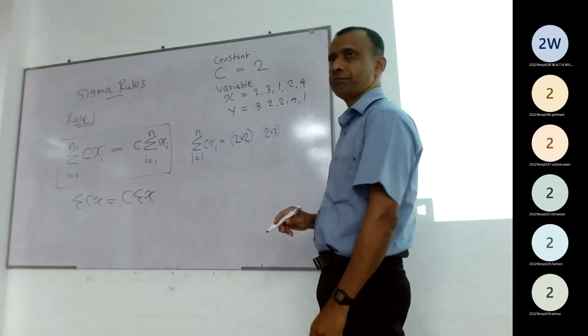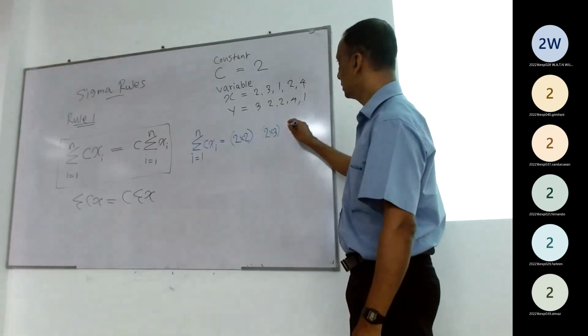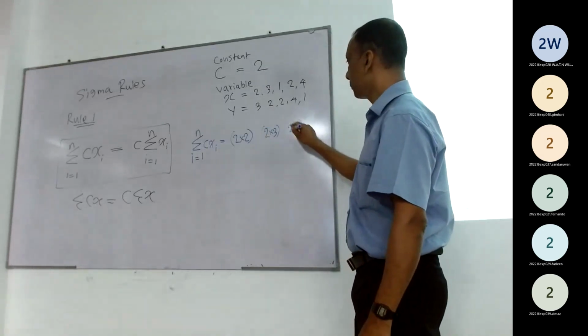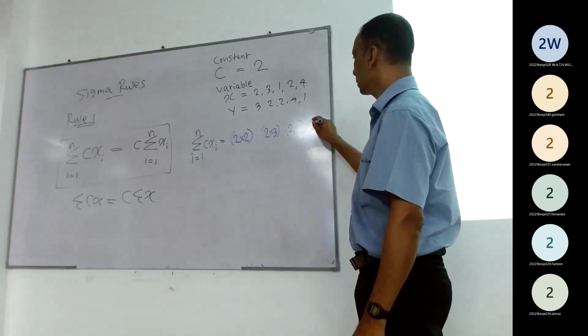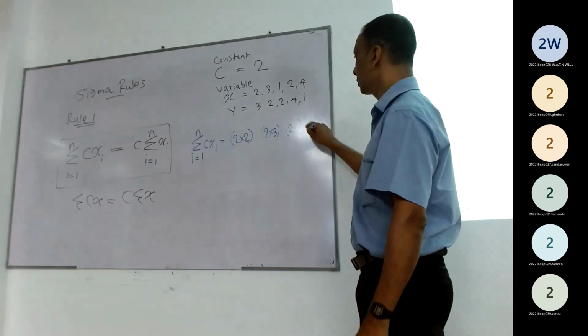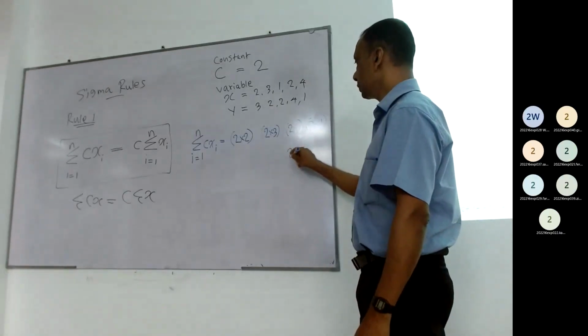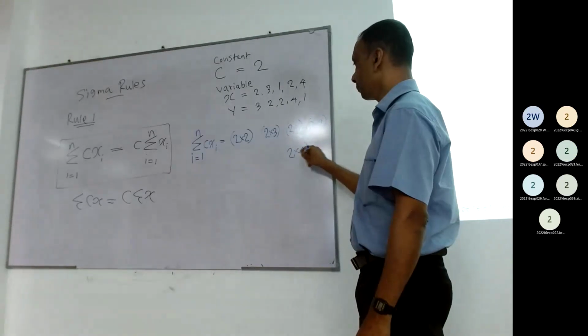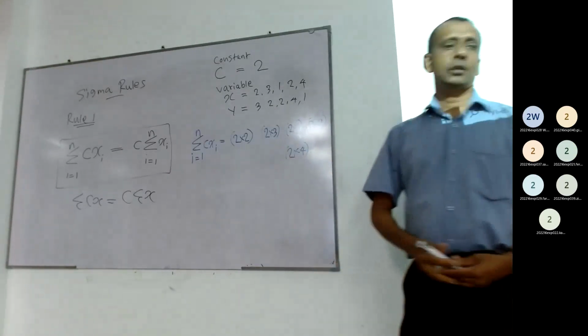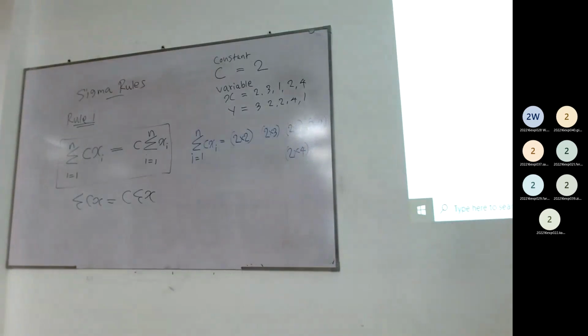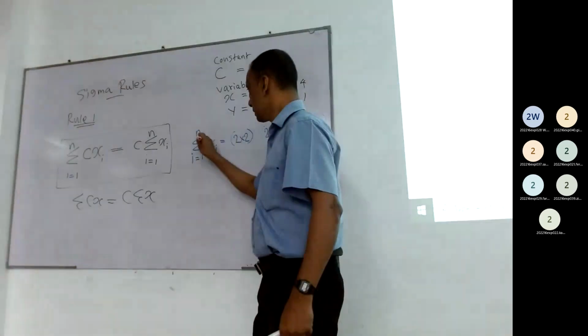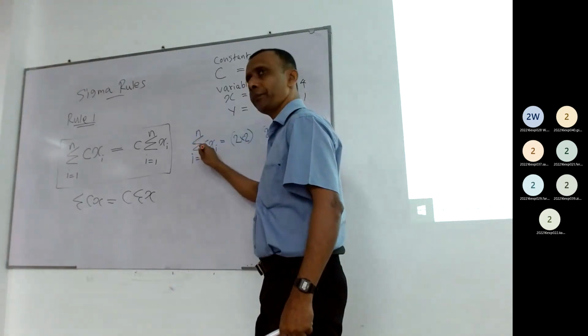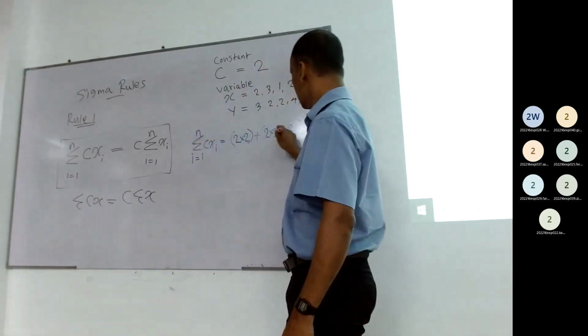An observation. Third, 2 into 1. Fourth, 2 into 2. Fifth, 2 into 4. Multiply. Then this sigma, I mark it in red, it is plus.